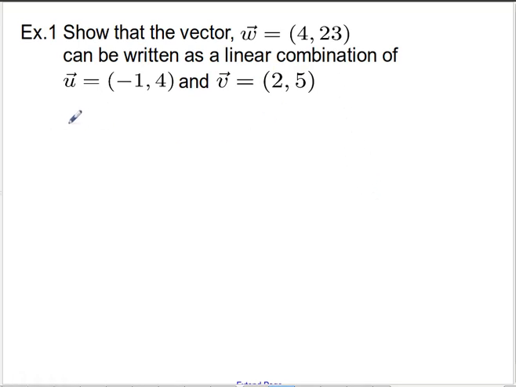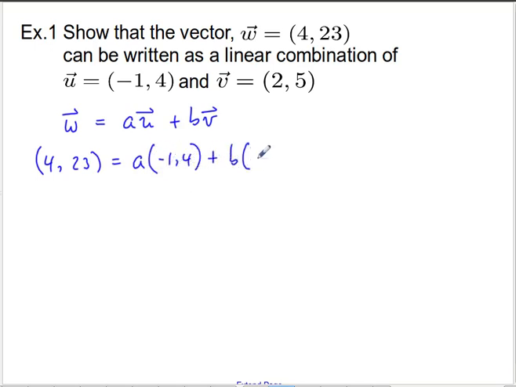Now, if that's the case, then what we're really trying to show is that the vector w is a linear combination. So it's going to be some scalar a times u plus another scalar b times v. But we already know what w is. It's 4, 23. And u was given to us as negative 1, 4, and v was given to us as 2, 5.